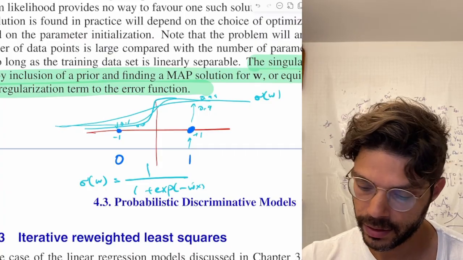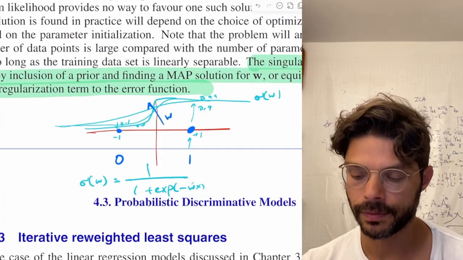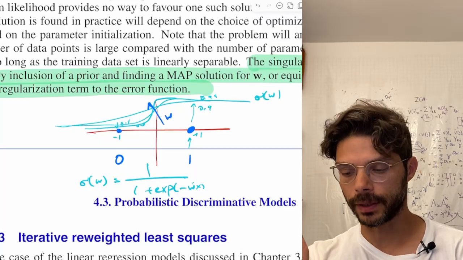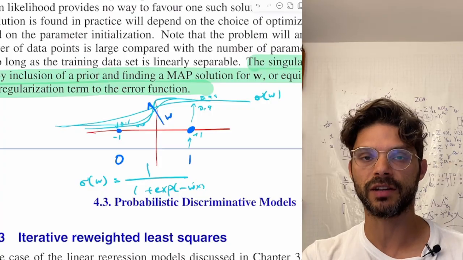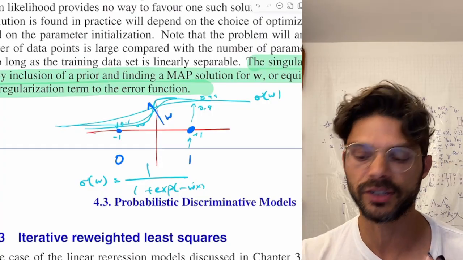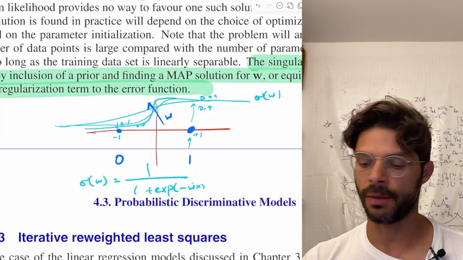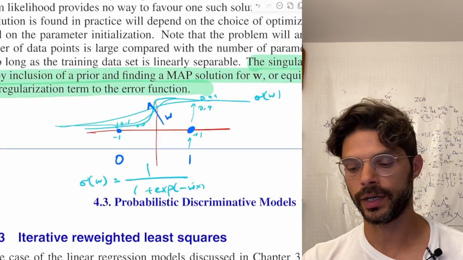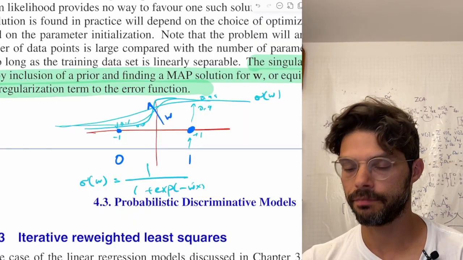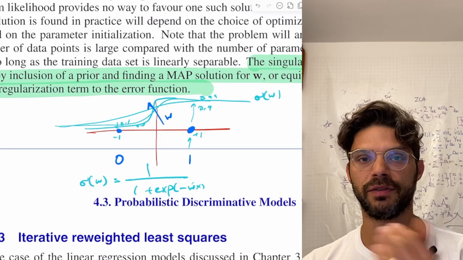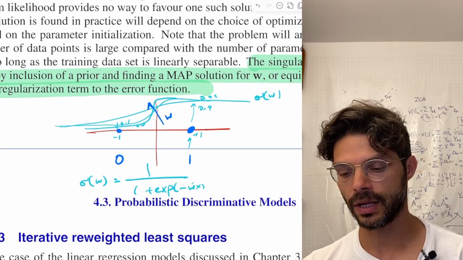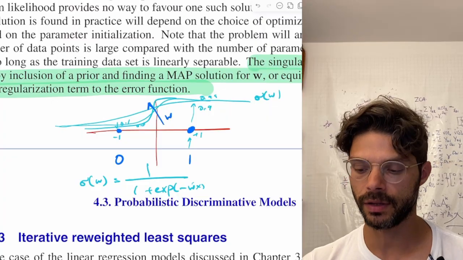As we increase w, it becomes sharper and sharper, and the probabilities get better and better, right? As far as maximum likelihood is concerned, this is great. We're matching the data better and better and better, and it won't stop. So w will get arbitrarily large. Things will blow up, and it's very unlikely that on a new data set you will get the right answer because you've overfit to this one.